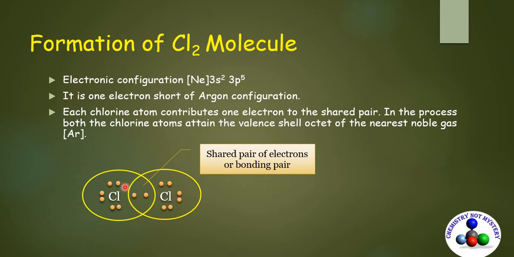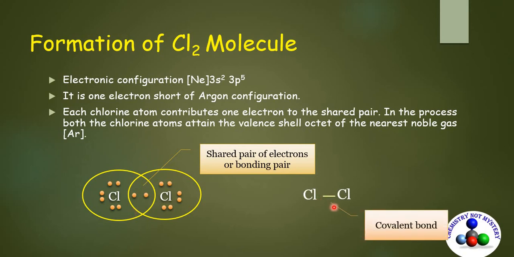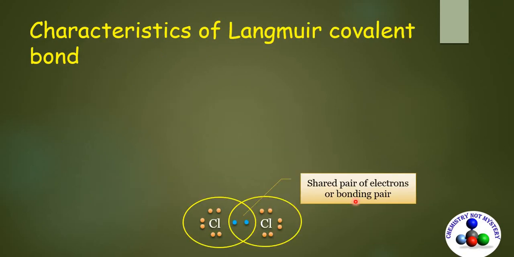In this process, both the chlorine atoms attain the nearest noble gas argon's configuration, or you can say 8 electrons in the valence shell, and it is represented by a dash. That means here a single covalent bond holding the two Cl atoms together. Let's see the characteristics of Langmuir covalent bond.